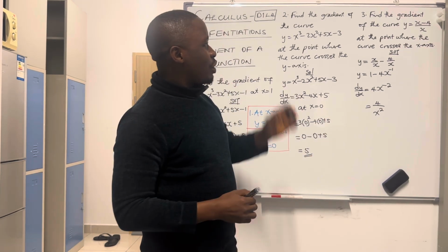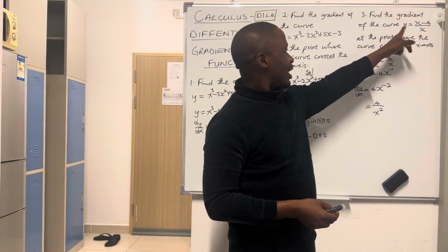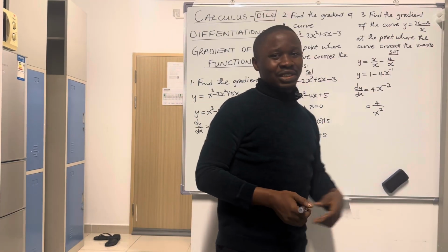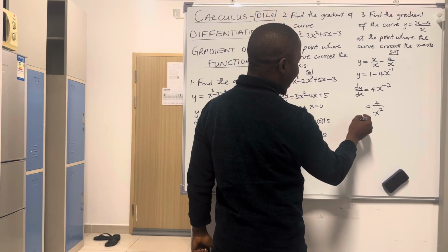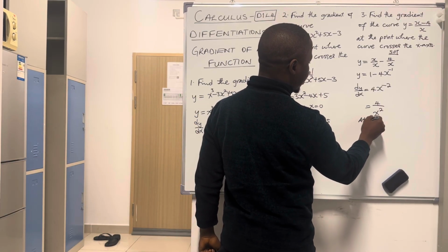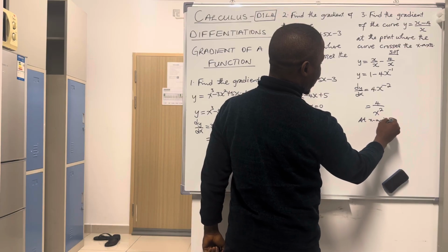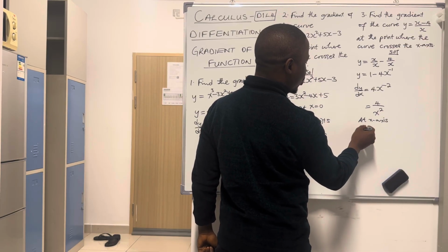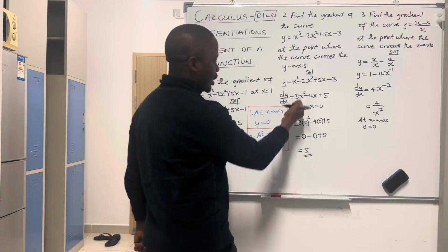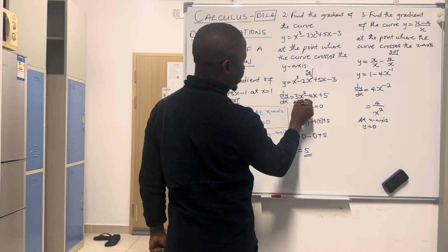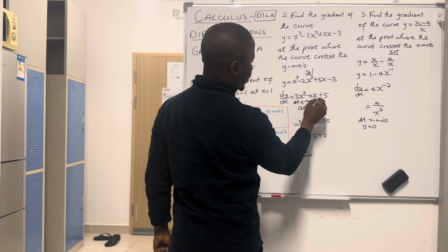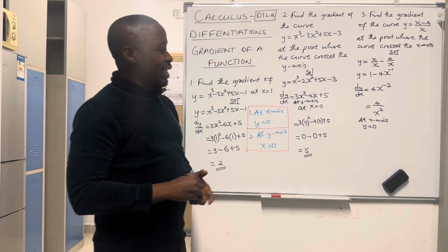But we want to find the gradient at the point where the curve crosses the x-axis. So we say at the x-axis, what happens? y is 0. Likewise here, at the y-axis, x is 0.